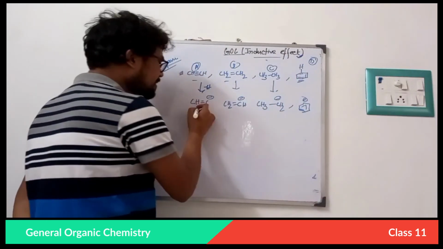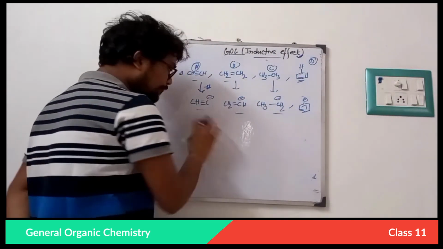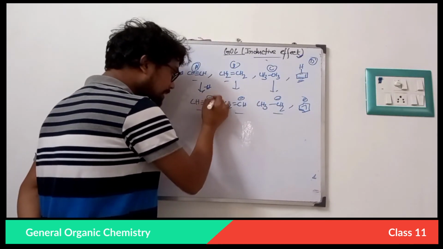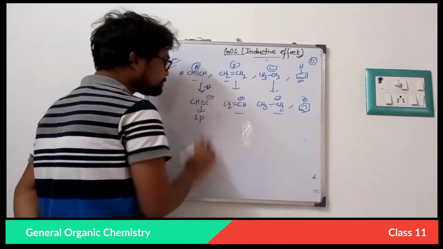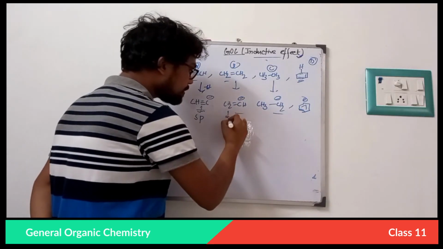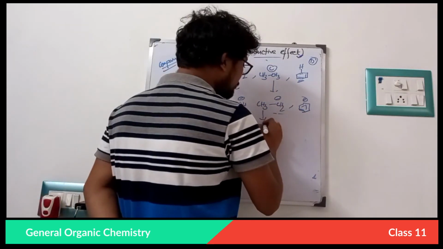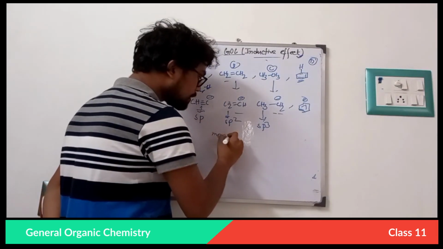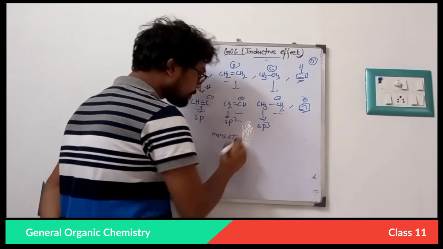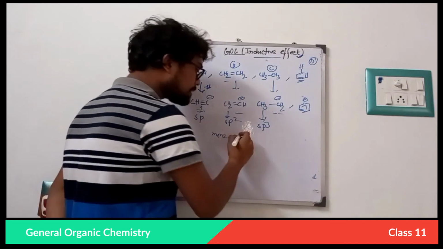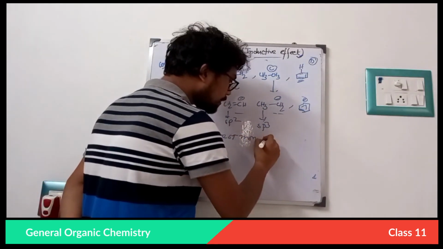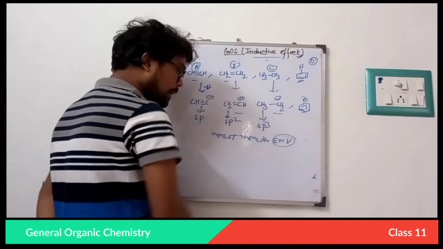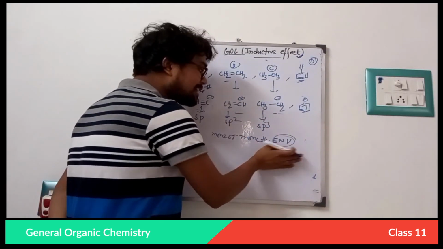Now, if I compare these three, first I am comparing these three. This is sp hybridized, this is sp2 hybridized, this is sp3 hybridized. We know that the more the S character, the more the electronegativity.